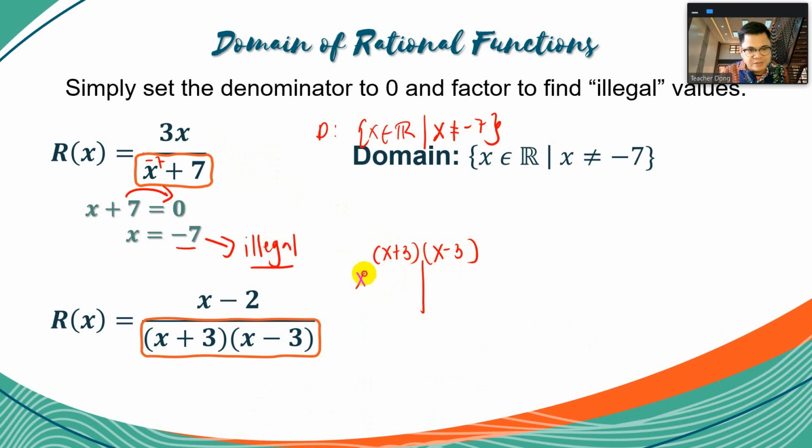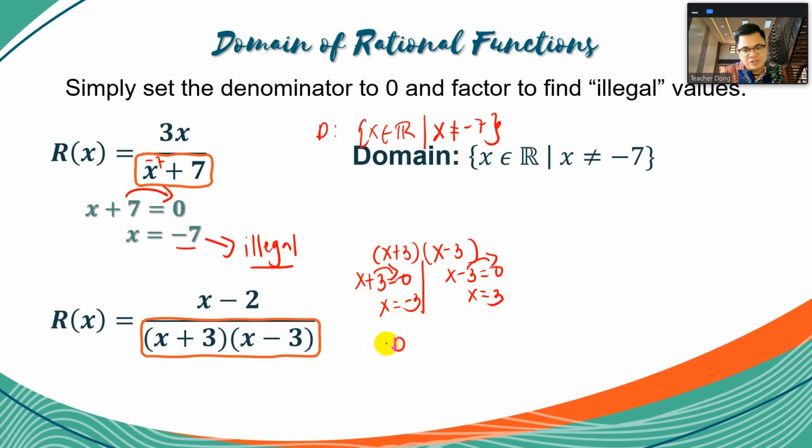Let's start with x plus 3 equals 0. Transpose positive 3, and this will become negative 3. And here, x minus 3 equals 0. Transpose negative 3, and this will become x equals positive 3. As you can see, we have two illegal values now. Since we have two illegal values, we can simply write the domain.